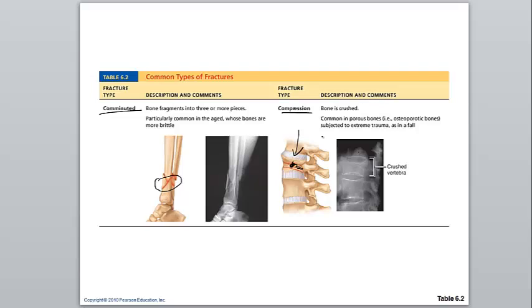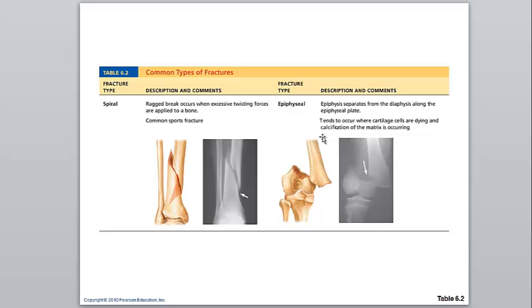So that's compression. It can also happen in younger adults when they try to be too heroic and they jump off areas where they shouldn't be jumping. The pressure that they put on the vertebrae is enough to crush their normal bone. They're not osteoporotic, but normal. They end up with a compression fracture as well.